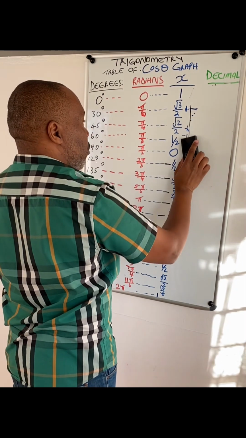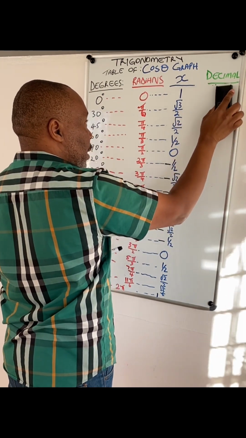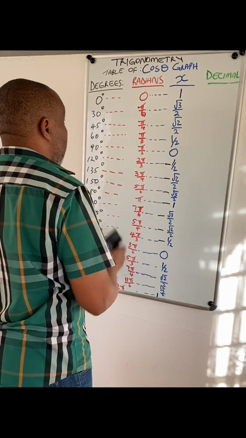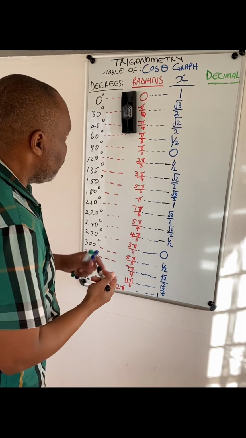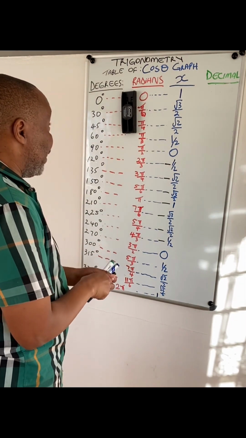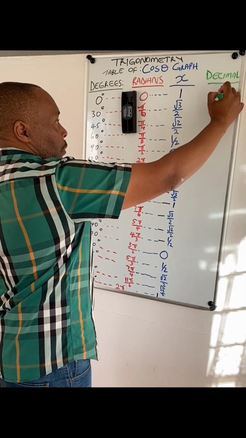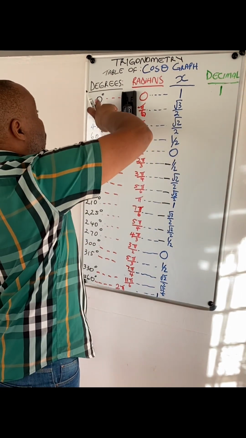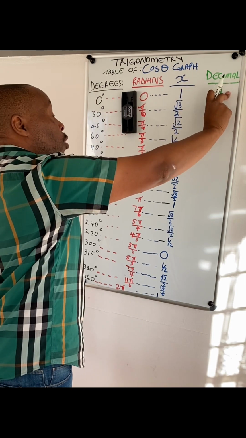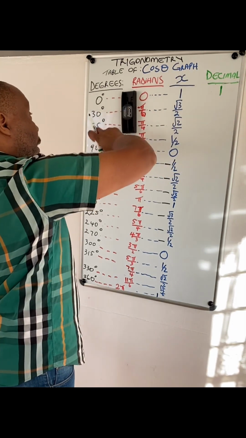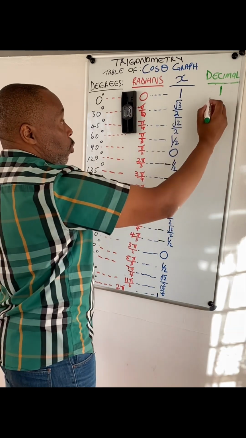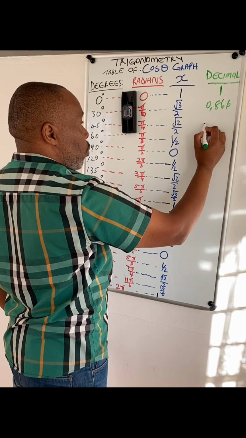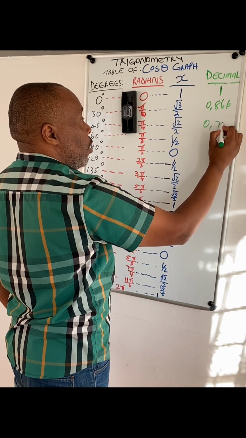I'm wiping this out so that we can carry on with the decimal formats we want to use. So at 0 degrees, when x is 1, its decimal form is 1. At 30 degrees, it's root 3 over 2, which is 0.866. Root 2 over 2 is 0.707.